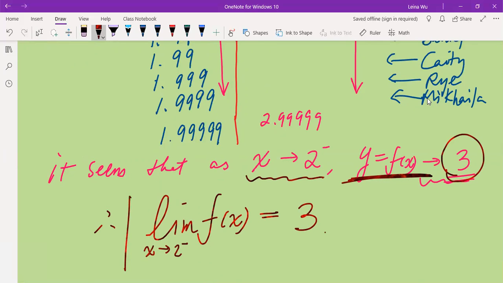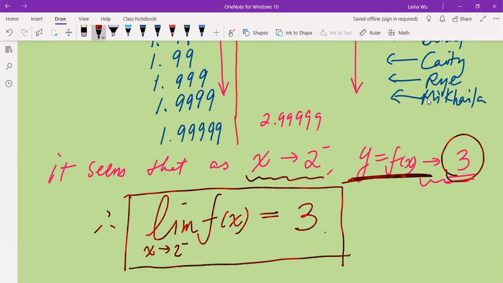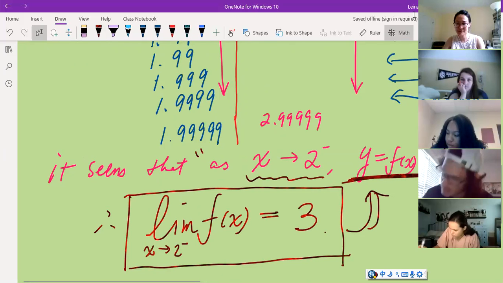So this is the mathematical expression, which is very concise, okay, and fancy looking. This expression basically just expresses what we have just written upwards. It describes that as x is approaching 2 from the left-hand side, my function y equals f of x is approaching 3. Okay, is this okay so far, guys?